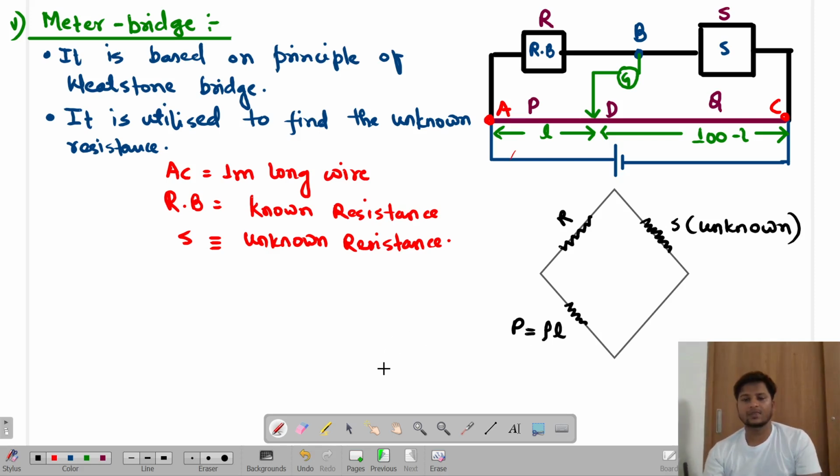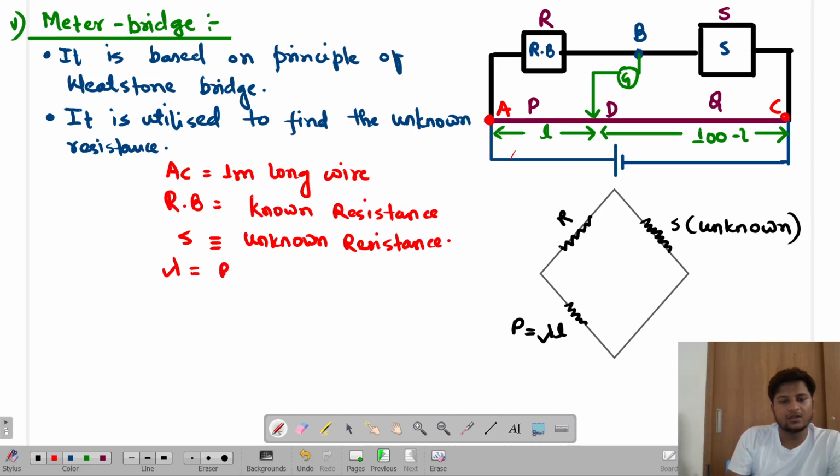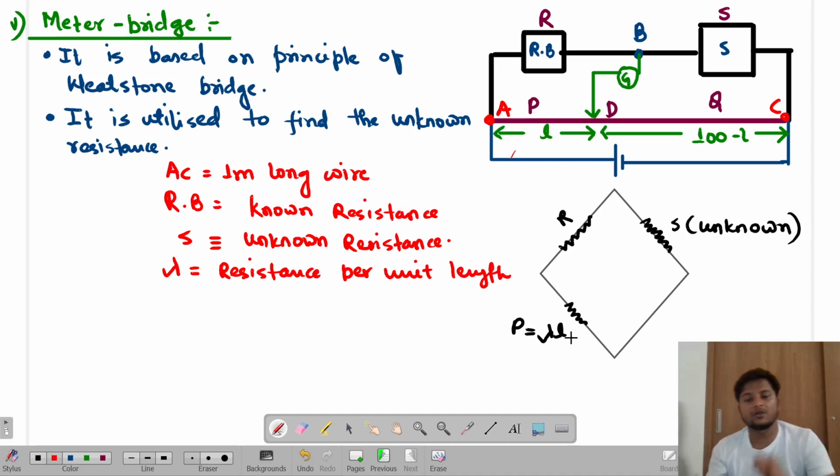Or let us define another quantity, lambda, which we call resistance per unit length. Are you able to get me? Then call, let's suppose, Q. So this Q will be equal to lambda into 100 minus L, isn't it?